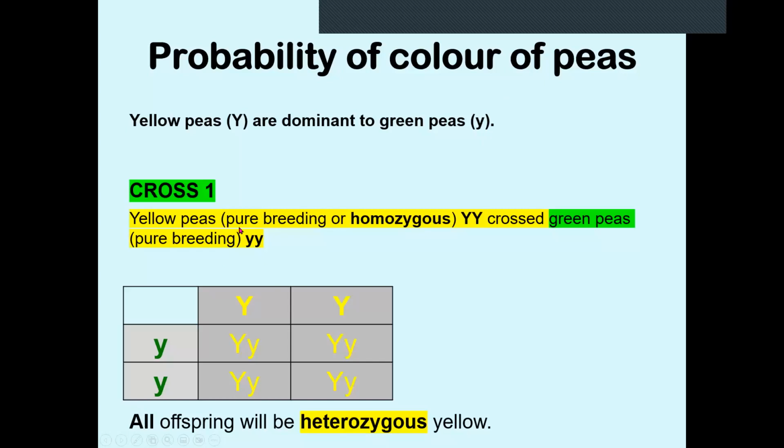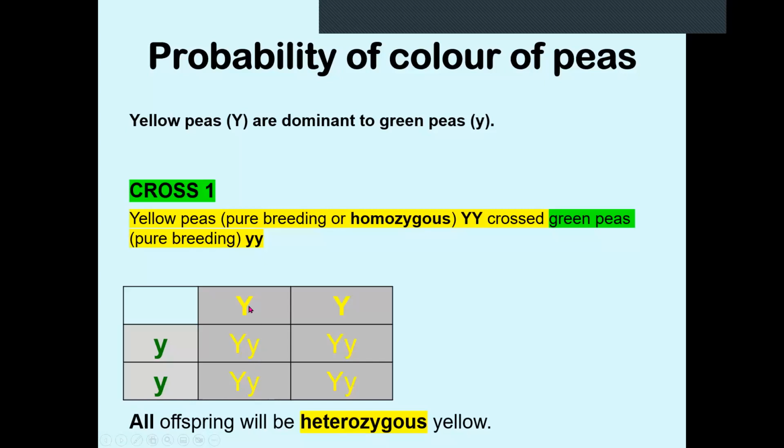So yellow peas are pure breeding or homozygous in cross 1, and the green peas are pure breeding too. So here we have big Y, little y, and I should have done little y's in green, I'm sorry.